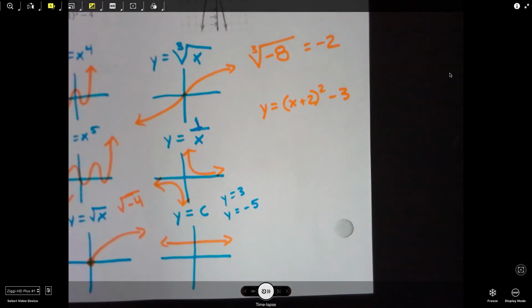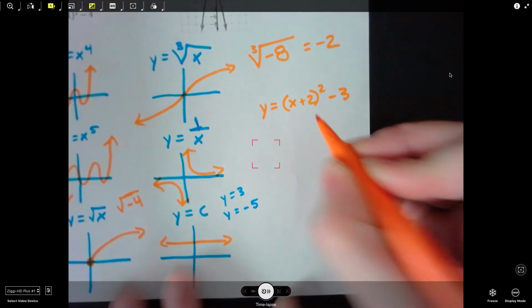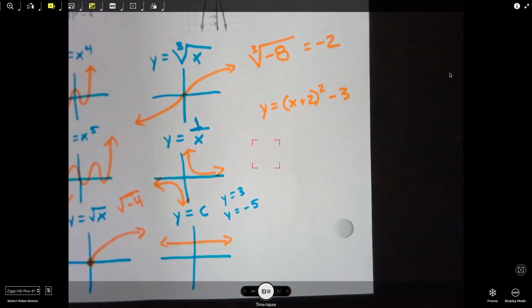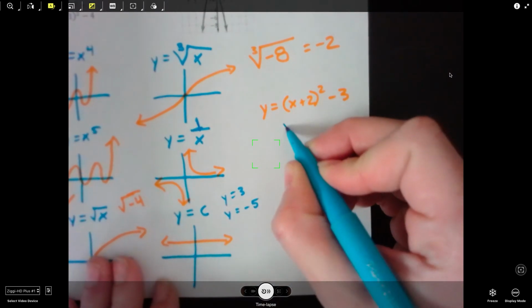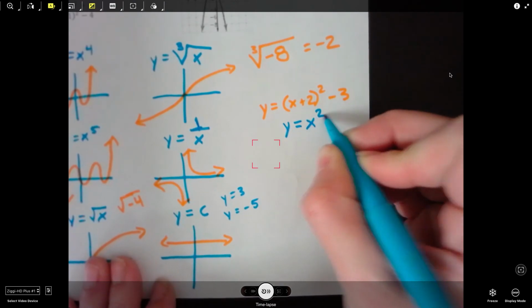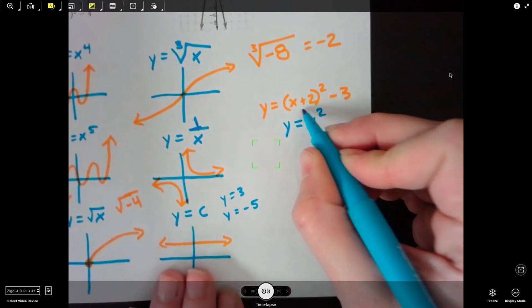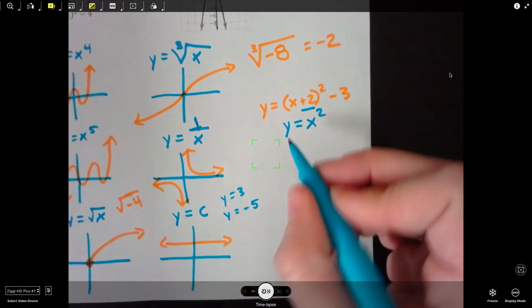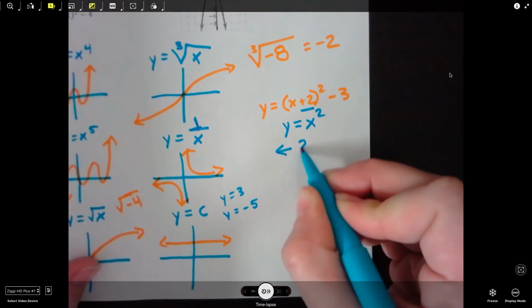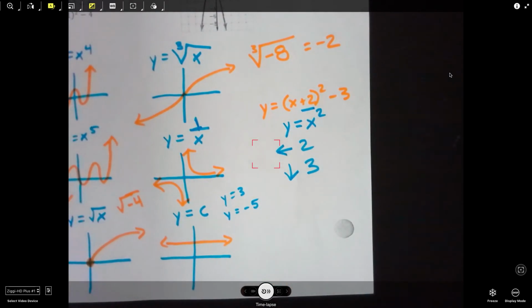To graph this equation, the only option I have right now is to plot points, like -2, -1, 0, 1, 2. I don't want to do that, okay? But if I know that his parent function looks like y equals x squared, I know that this 2 moves him to the left 2, and this 3 moves him down 3. That's what those numbers do to that function.